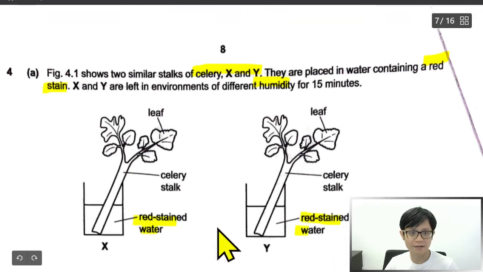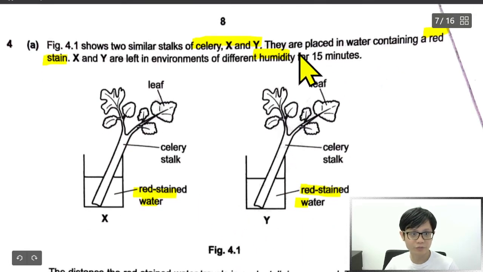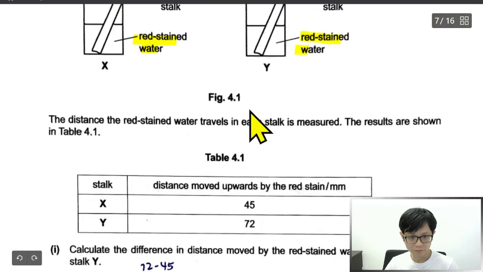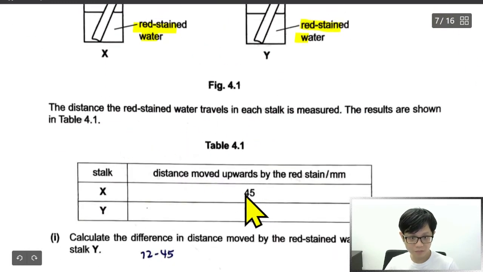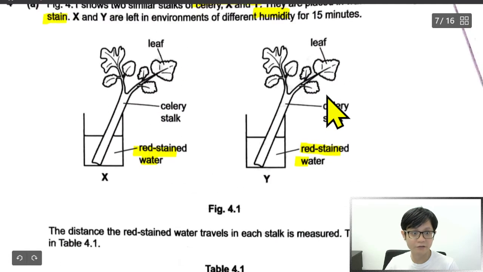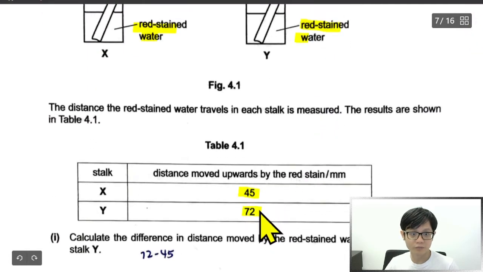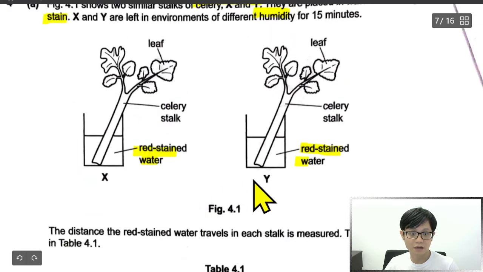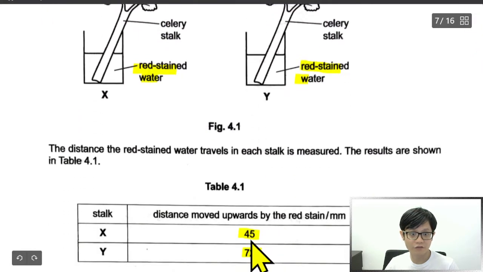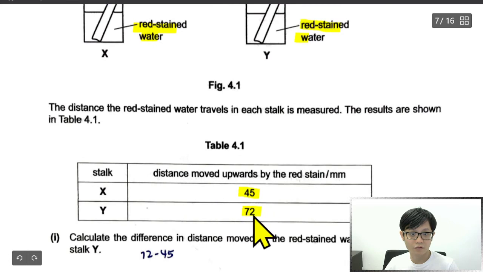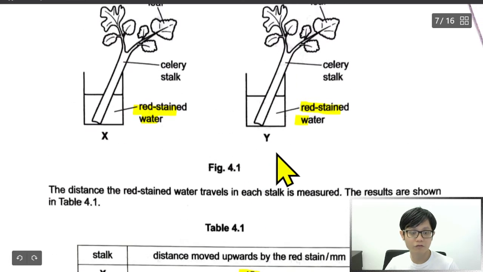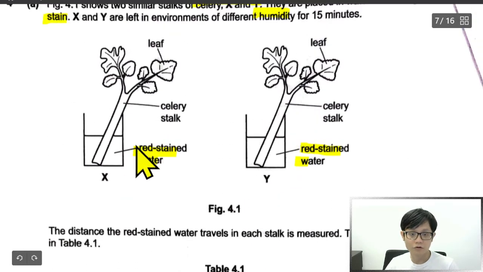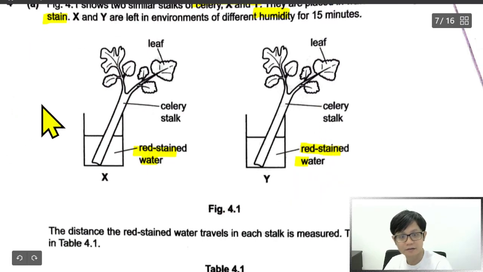Which one is more humid? He didn't say which one is more humid, but we can see the distance moved upward is 75, which is more. So why move more? If it moves more, this one is less humid, correct?